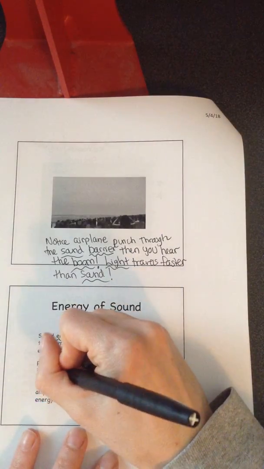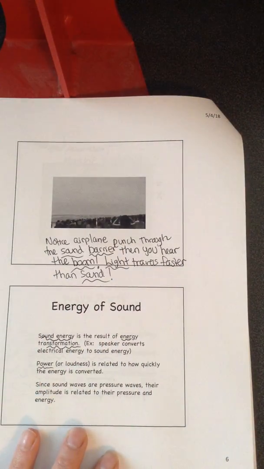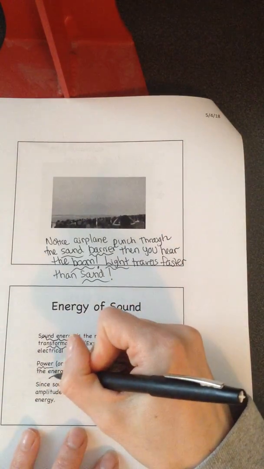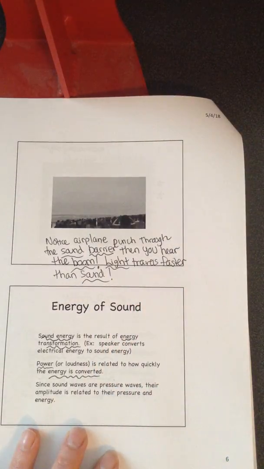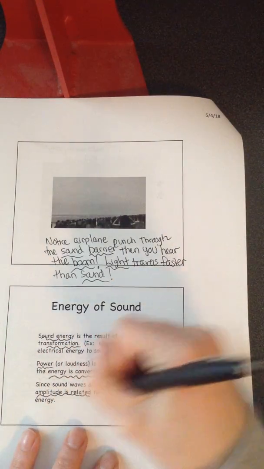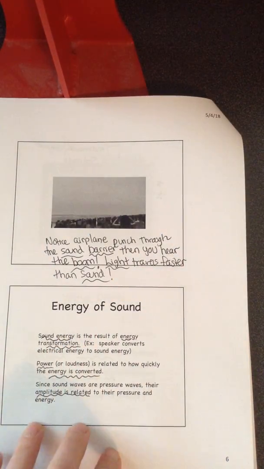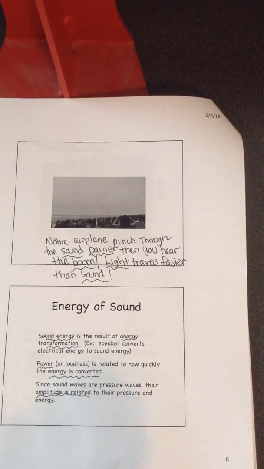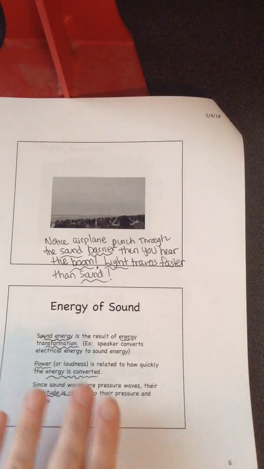We've all heard of the word power before, so power or loudness is related to how quickly that energy is converted. Now remember, sound waves are pressure waves, so their amplitude is related to their pressure and energy. Keep in mind, if sound is too loud, that means the pressure is too high, and that's what ultimately could rupture or damage your eardrums.